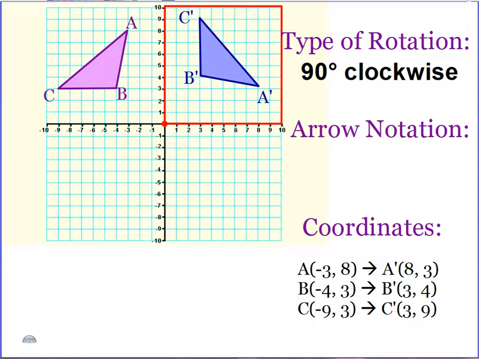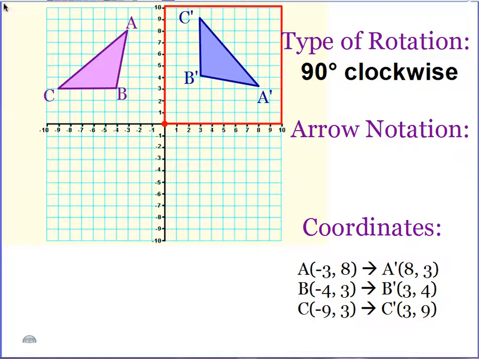I'll give you just a second. Can you see that the X and Y coordinates actually kind of switched places, right? What was X, Y is now Y, X, but there's one other change that took place in that the X value actually changed sign, right? Went from negative to positive.